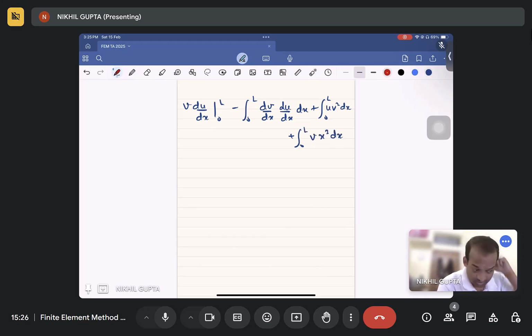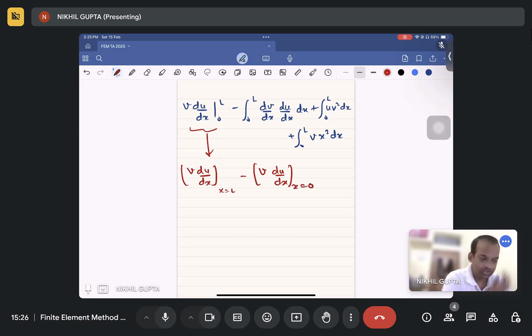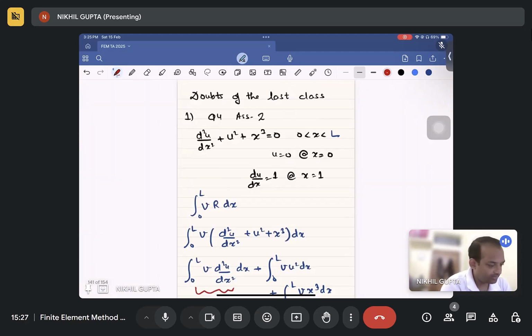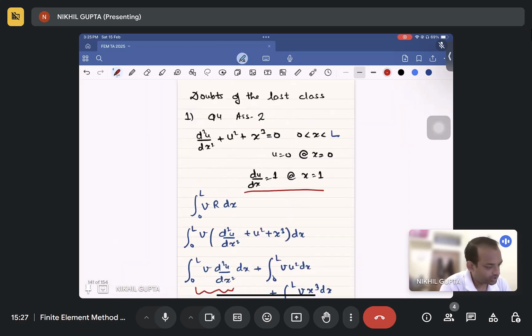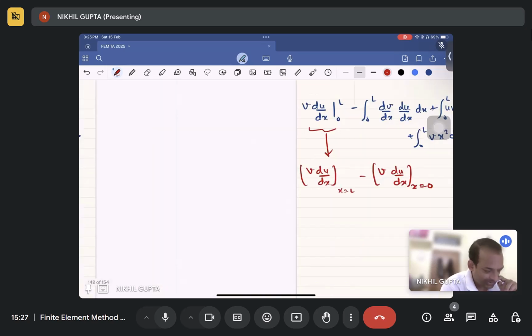So this boundary term will become v du by dx at x is equal to L minus v du by dx at x is equal to 0. So from the boundary condition which is given, this one at x is equal to 1, this should be x is equal to L.